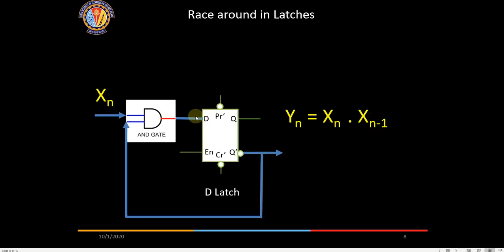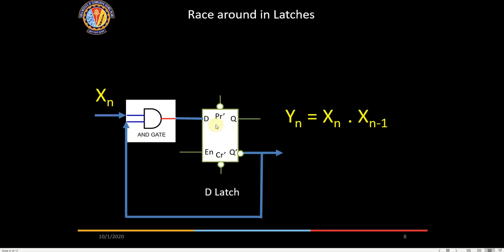Yeah, tell me. So should it not be yn minus 1 bar, because the output yn is being fed into the latch, right? So yn minus 1 is getting added with xn. No. I am taking an output here. That's what I said, I should have placed this function here, output of the AND gate. Yeah. And the output of the AND gate is yn, and that is what is getting stored in the D latch, in the data bit.